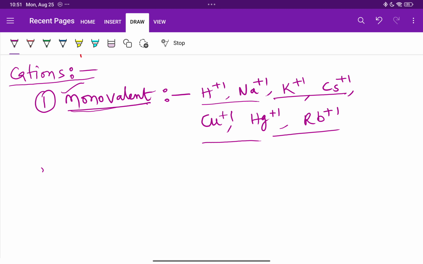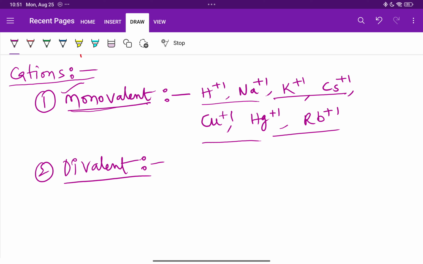So next, divalent cations. Divalent is nothing but plus 2 charge on the atom, as well as valency electrons. In some metals also valency electrons will be 2.